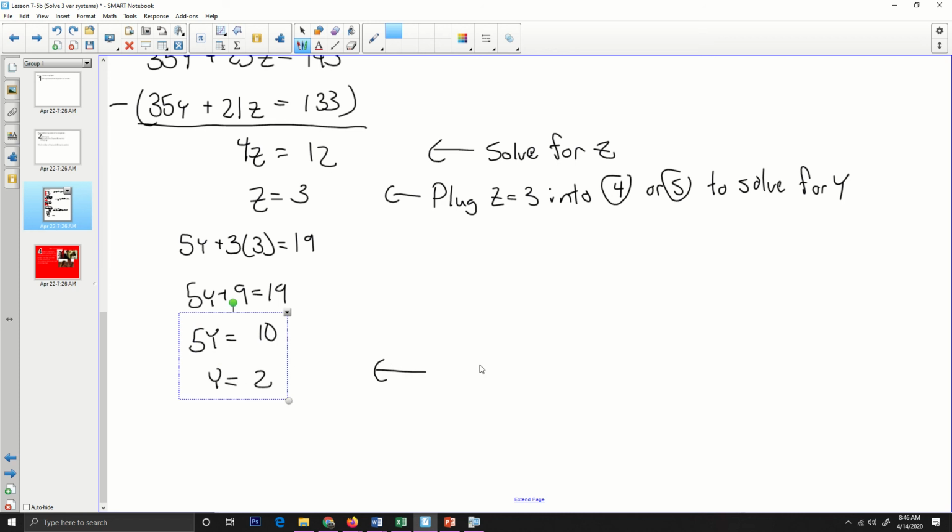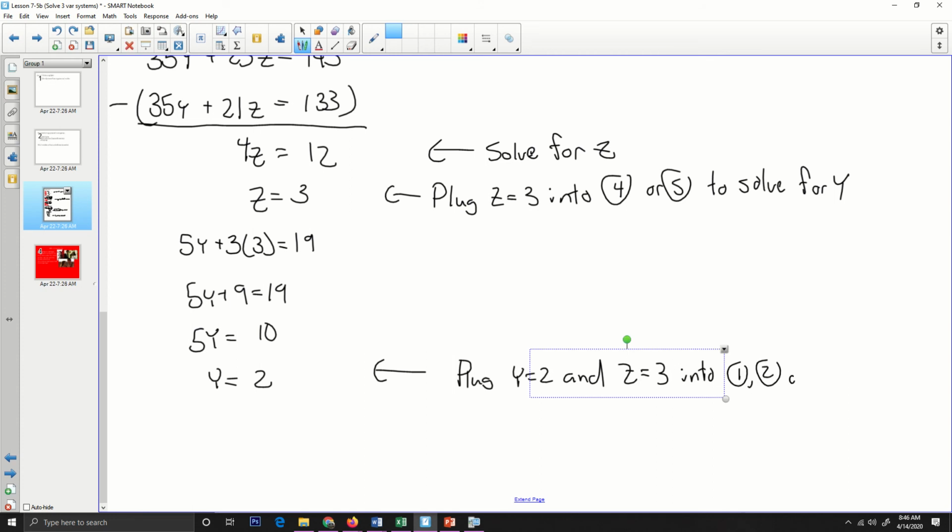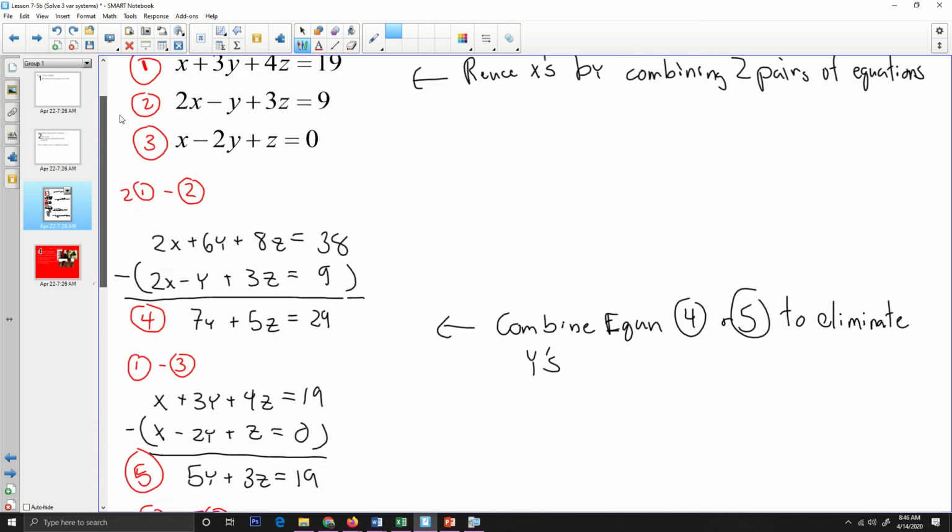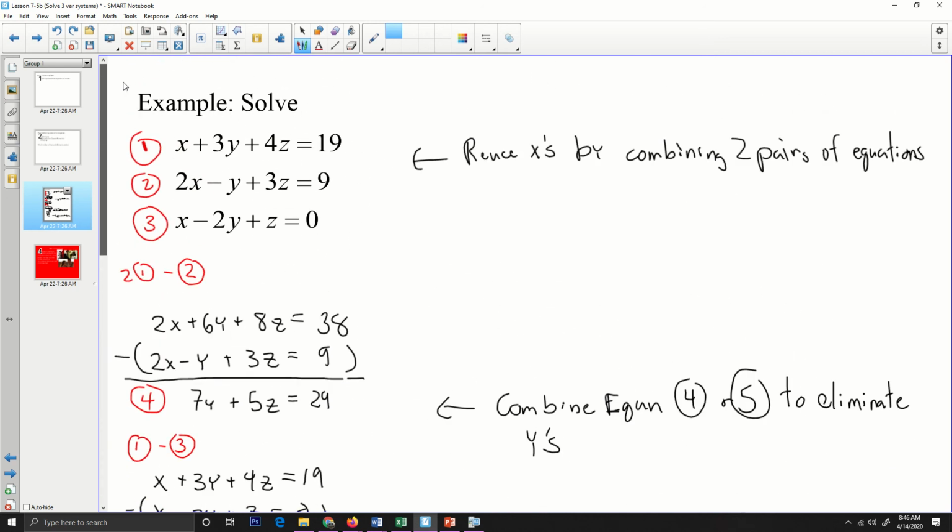Now plug y equals 2 and z equals 3 into equation 1, 2, or 3 to solve for x. I go all the way back up to the top and see what looks easiest. I'm going to choose equation 3.